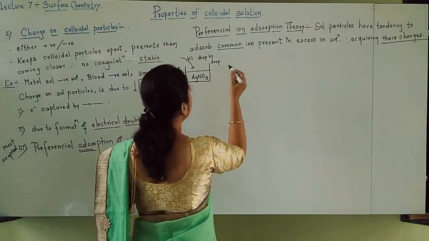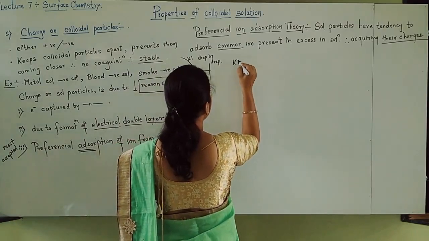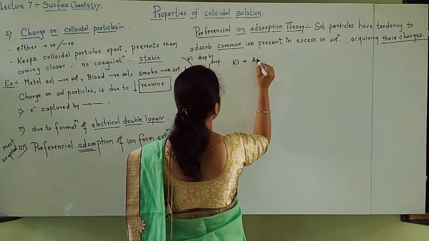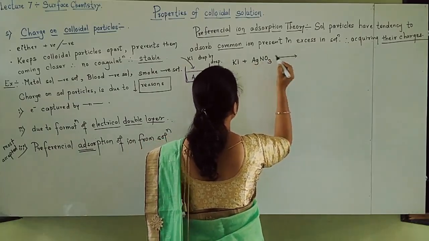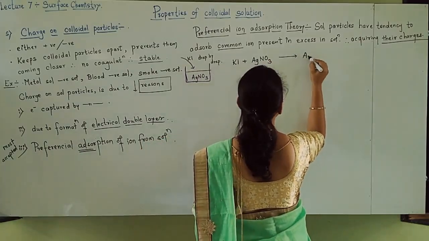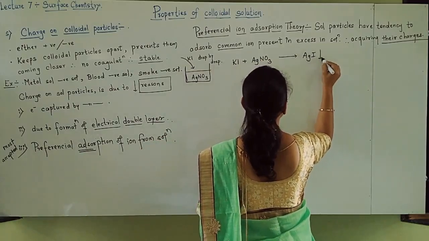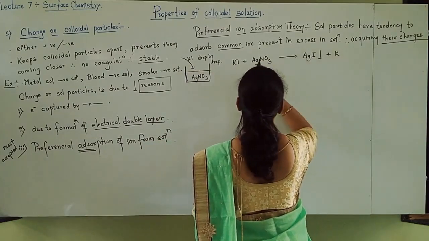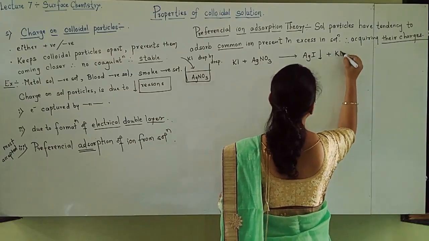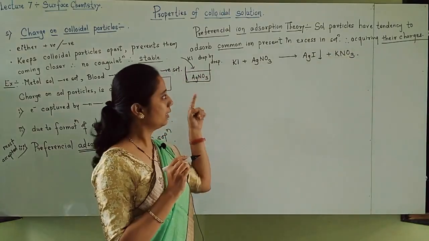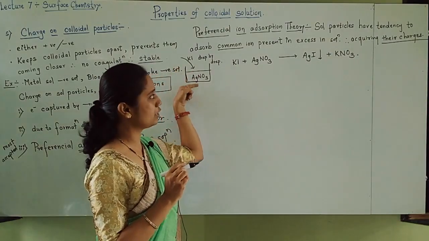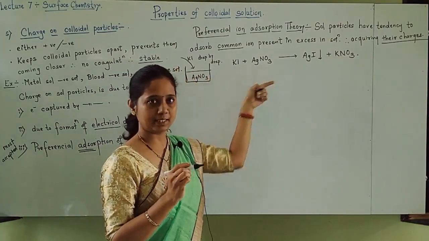Let us see. Now here I will write KI plus AgNO3. The reaction forms AgI precipitate plus KNO3. The reaction will take place in this way.